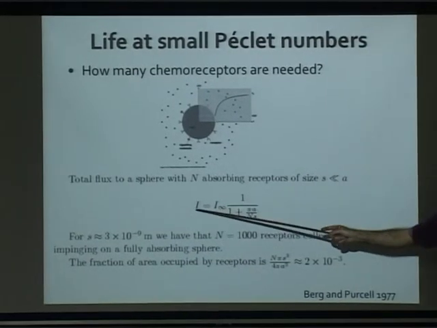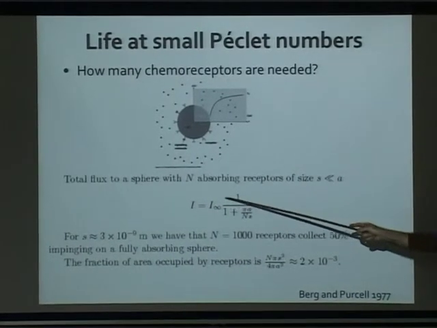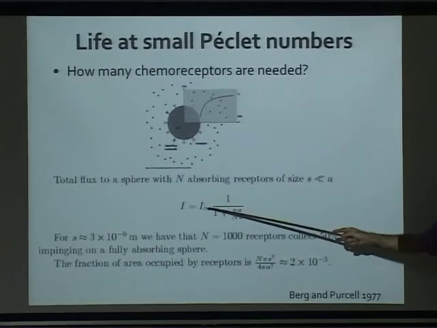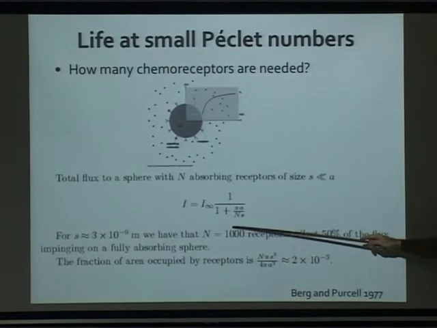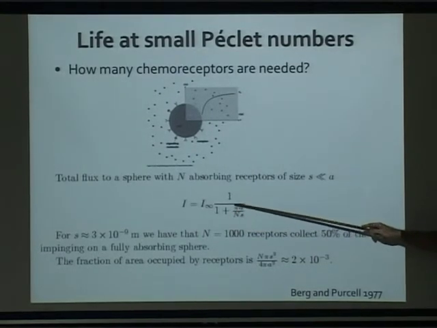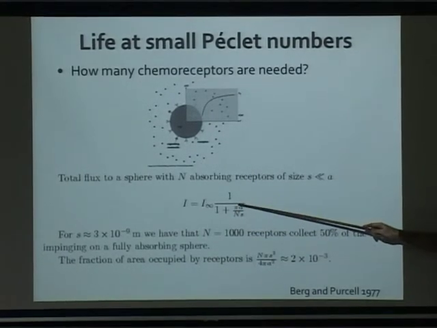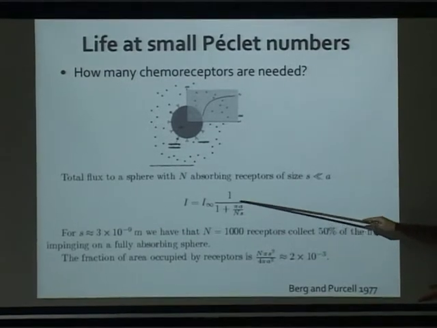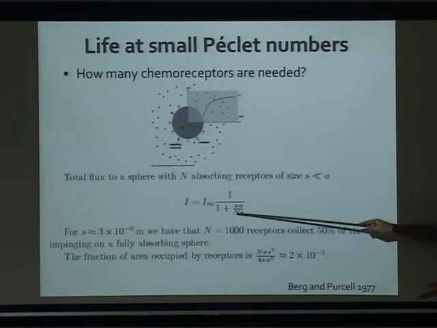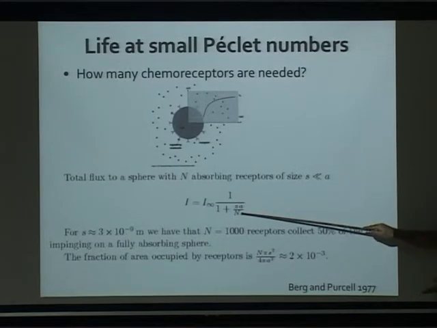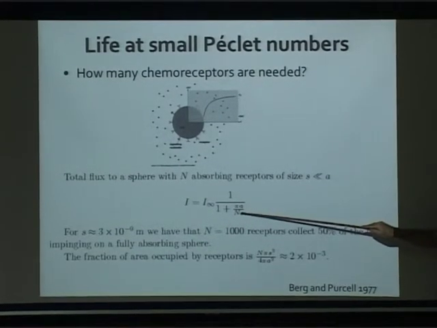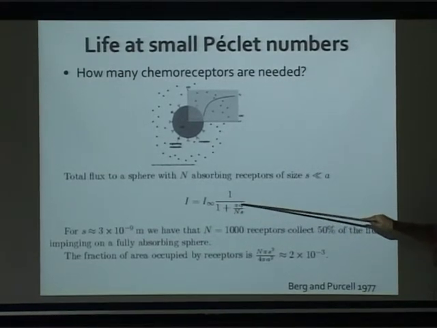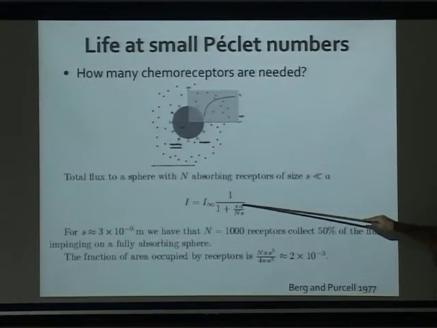And you see that the incoming flux is the incoming flux for a surface which is completely filled with receptors, and then there is this prefactor, which is always less than 1, as it should be. And crucial dependence is on this number, which is number of receptors times the size of one receptor, but it's not the surface of one receptor, it's the size because of diffusion, and this is the size of the cell.